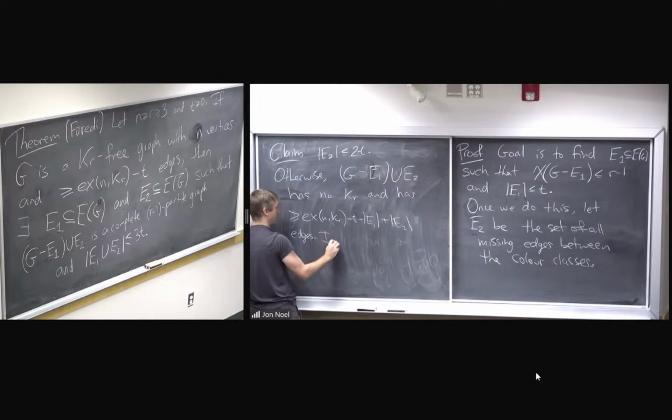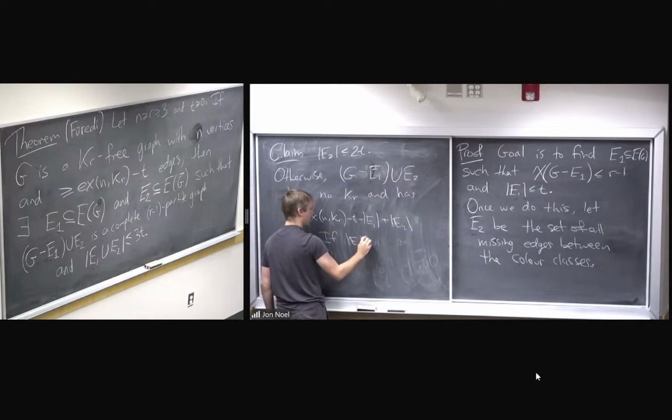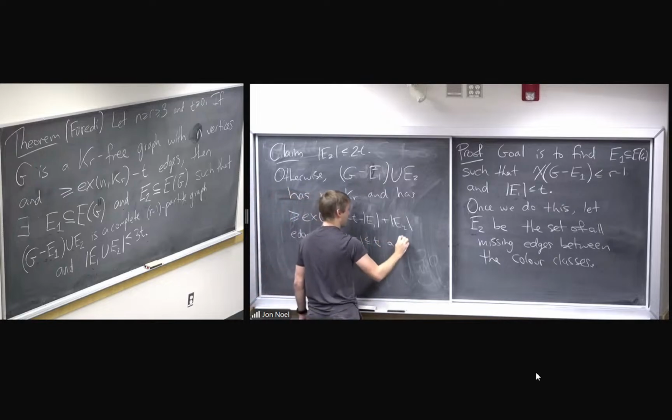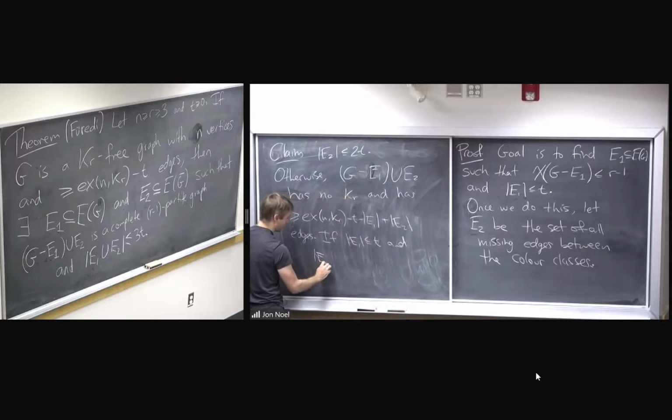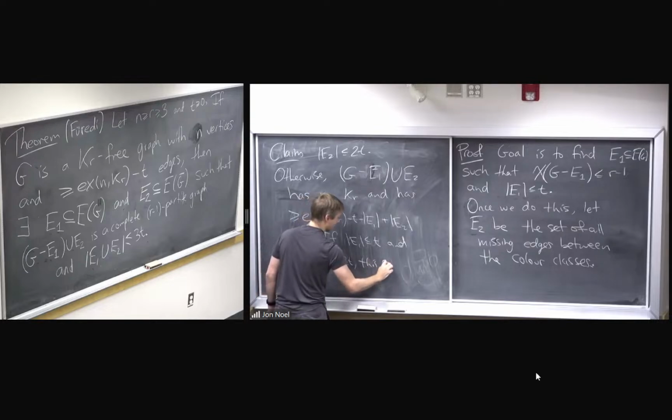So if E1 is at most t and E2 is bigger than 2t, this contradicts the definition of the extremal number.